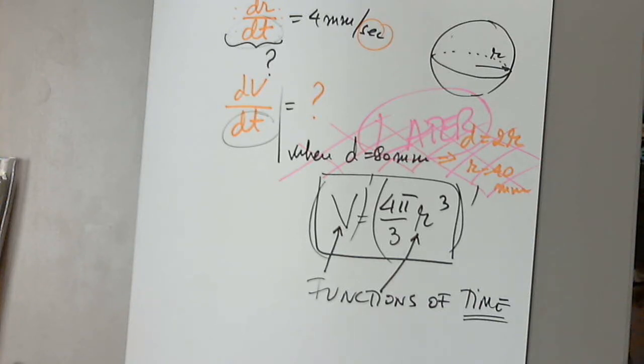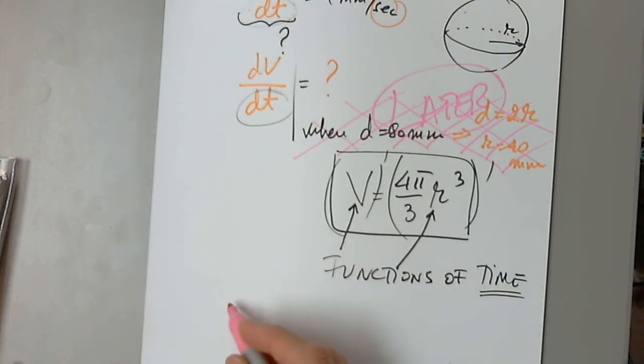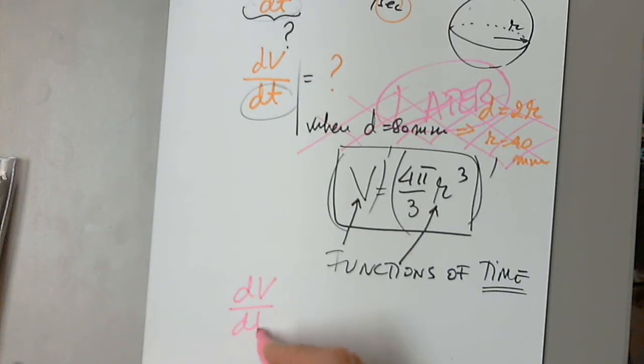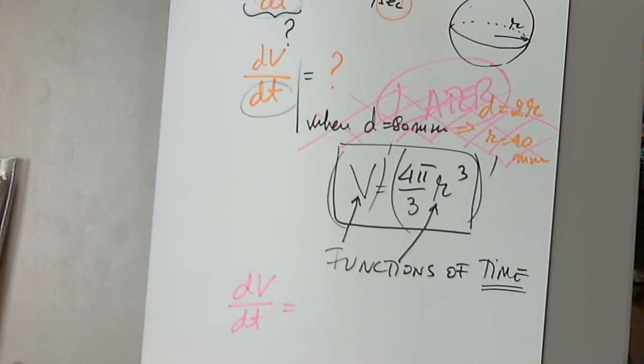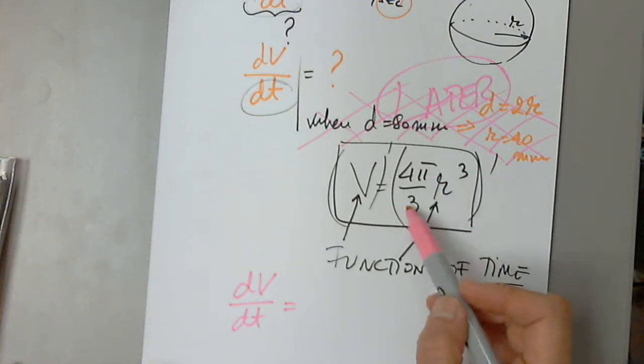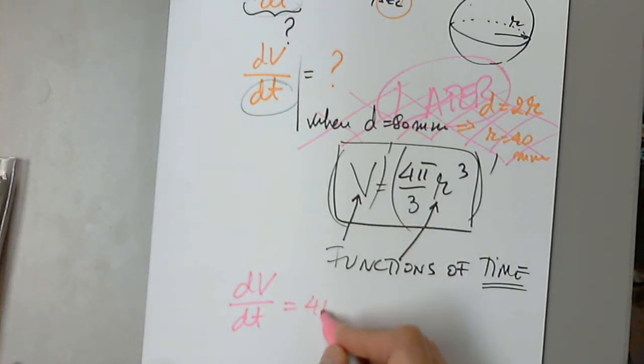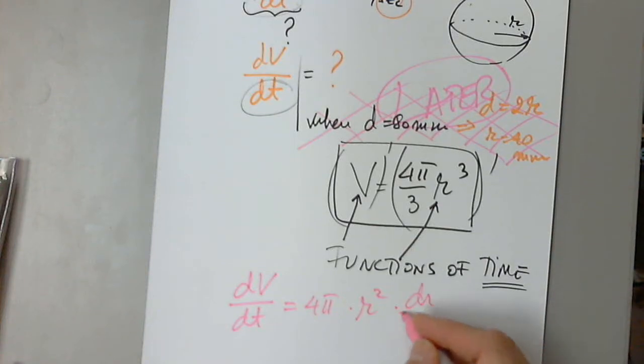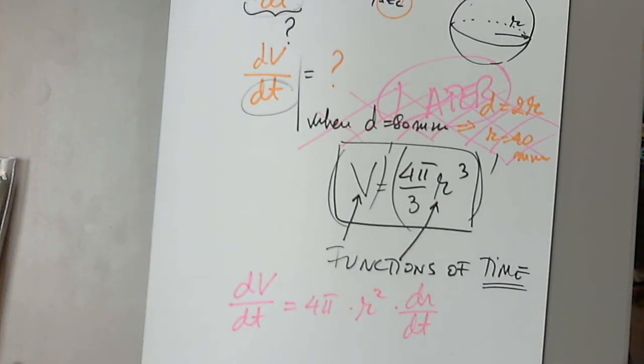Good. So the left-hand side is, no, it's dV over dt. Let's be consistent. The other side is 4 pi over 3, yes, because we bring down 3, right? 4 pi over 3 times 3, there will be 4 pi times r squared, excellent, times dr over dt, because they are functions of time, both of them.